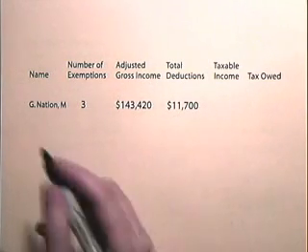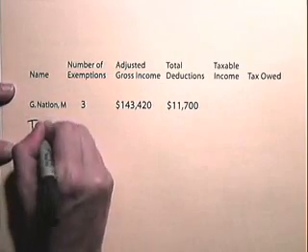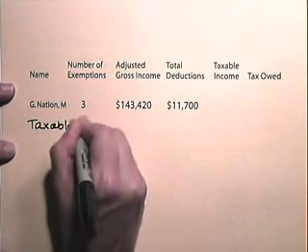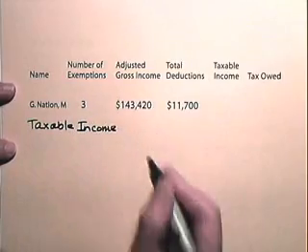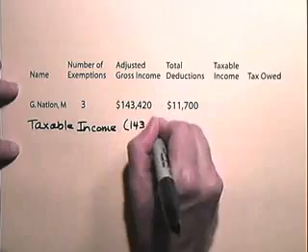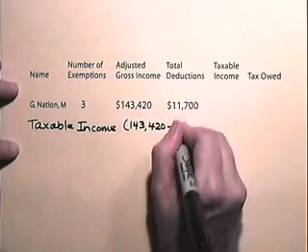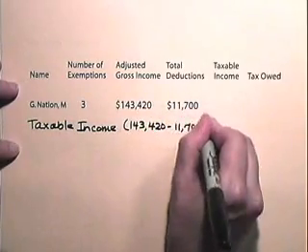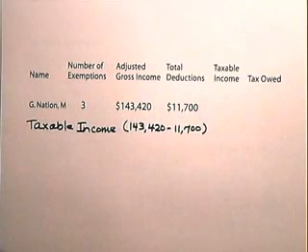So his taxable income is going to be $143,420. Subtract his deductions, $11,700. And we're also going to subtract for his exemptions.